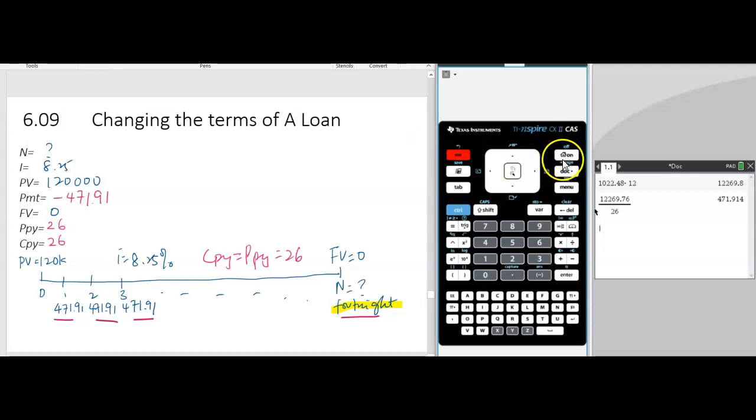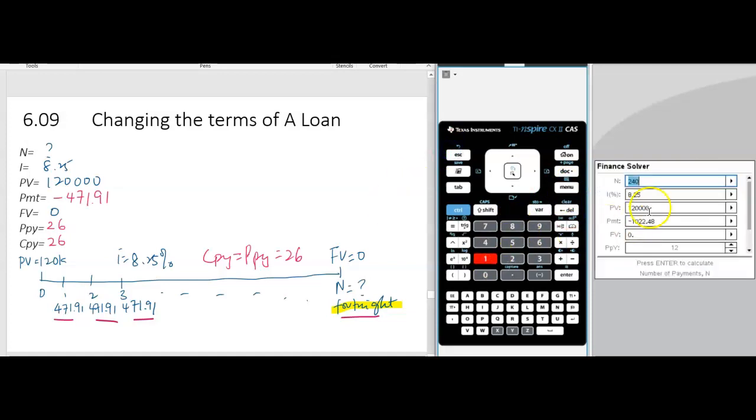Now let's solve using the calculator. So the variable n is the unknown. Payment, control delete, becomes negative 471.91. Do take note, your PPY, CPY is now revised to 26.